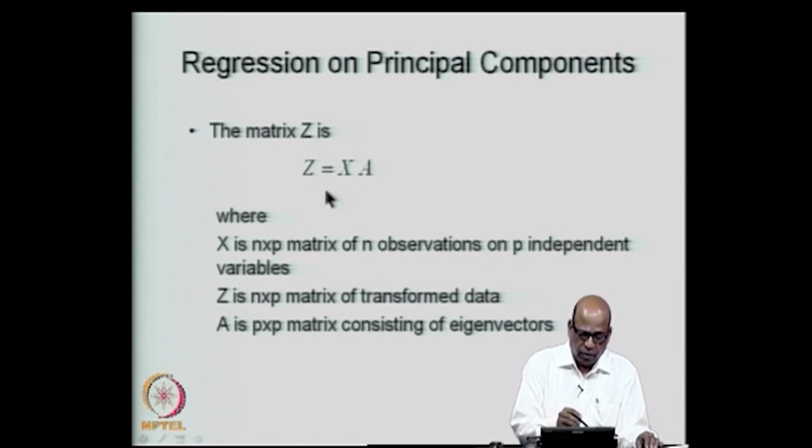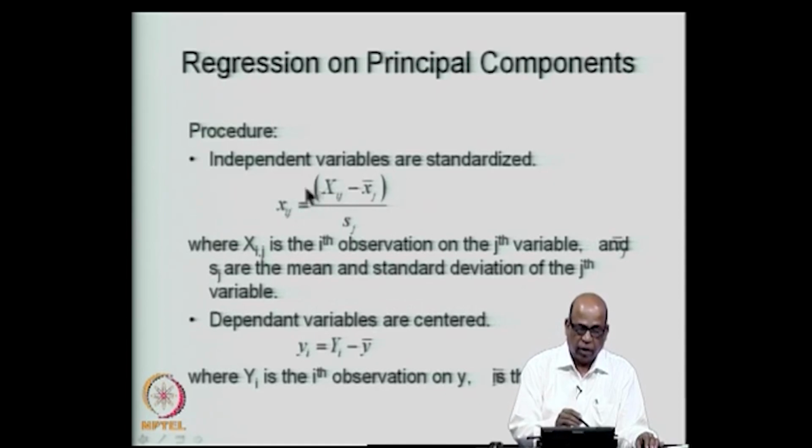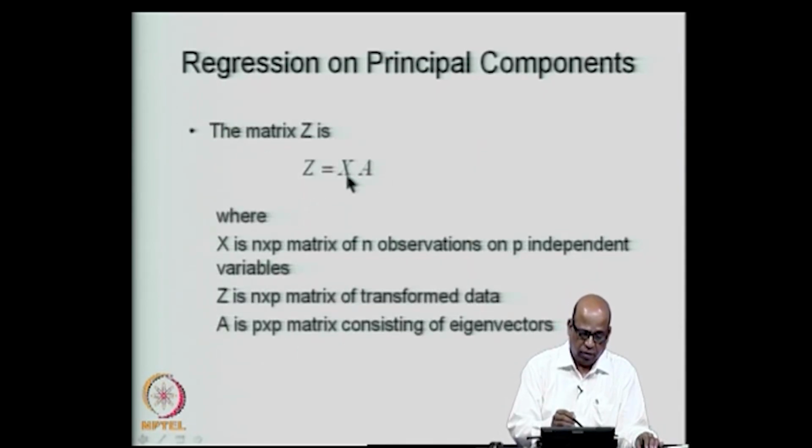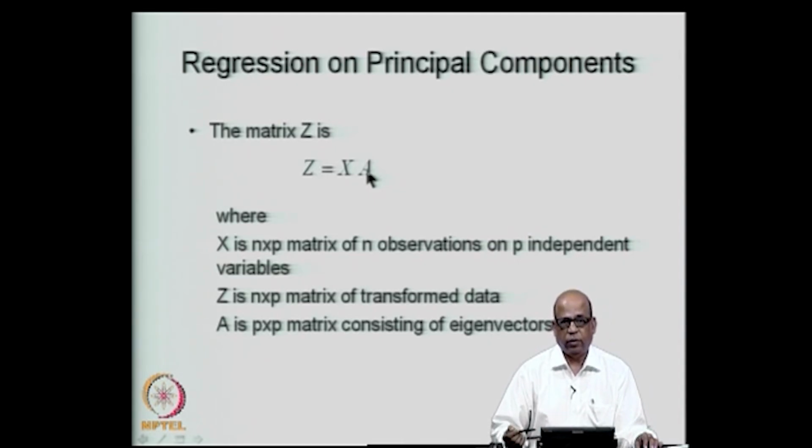Then the transform matrix Z, remember this defines our x, which is the independent variables or the transformed independent variables or the standardized independent variables if you wish, and these are the principal components. So, this is a matrix consisting of the eigenvectors.